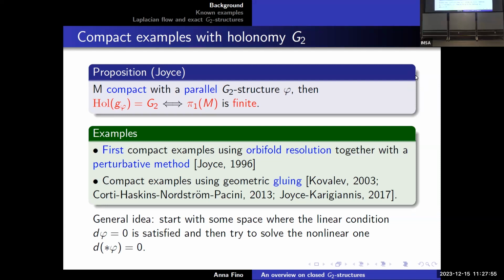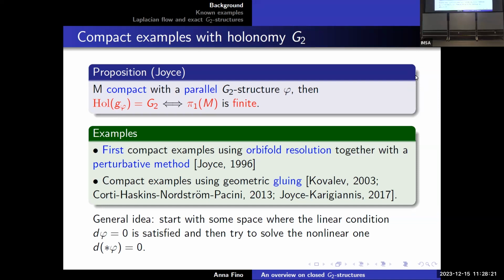And more recently, there is a nice construction by Joyce and Karigiannis, where essentially they glue a family of Gibbons-Hawking spaces, which are parameterized by a non-vanishing harmonic one-form. I will go back to this because this construction will also be generalized in the context of closed G2 structures.